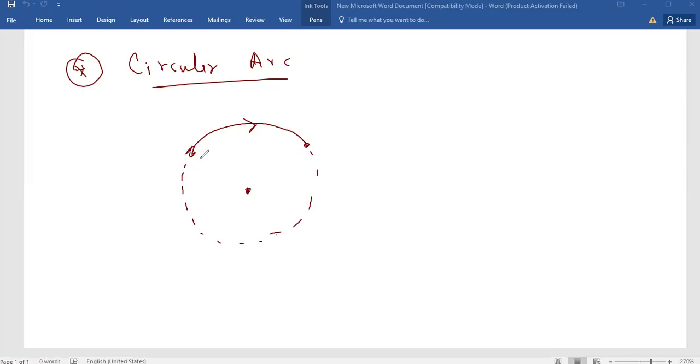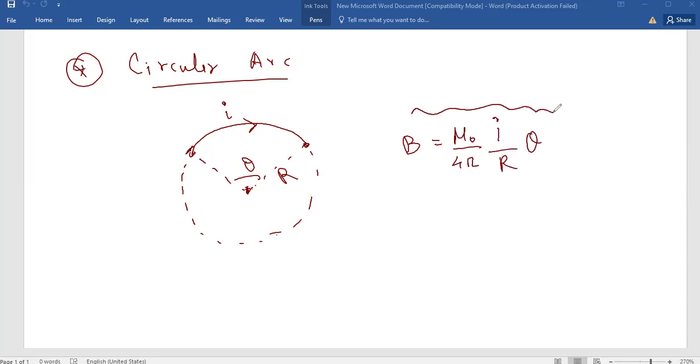So you find out the center, find out the angle which is subtended by this particular arc. Let's say this is I, this is R. Then magnetic field at this point is given by mu naught by 4 pi, I by R, into theta. This is again a commonly used formula.